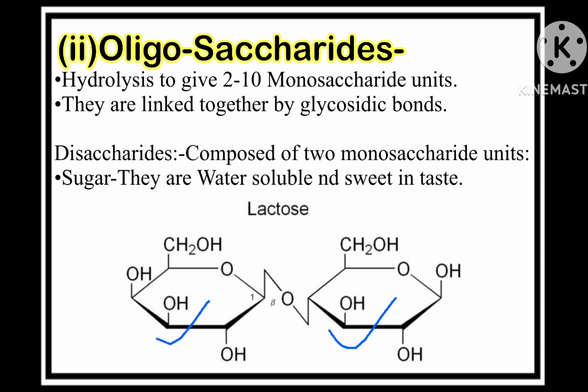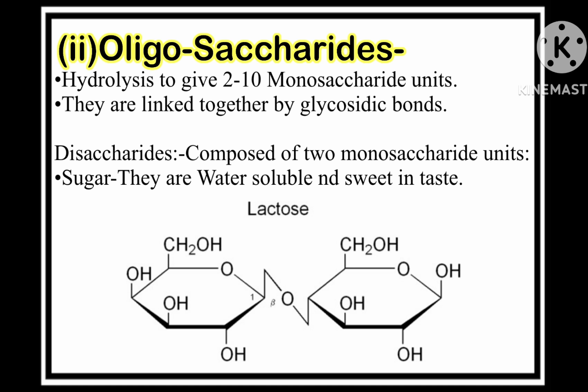They are linked together by a glycosidic bond, where the aldehyde or ketone group of one monosaccharide reacts with the alcohol group of the other monosaccharide, which is glucose. This is how they form glycosidic bonds, and during this bond formation, one molecule of water is eliminated by a dehydration reaction, which I have already told you in the previous sections.